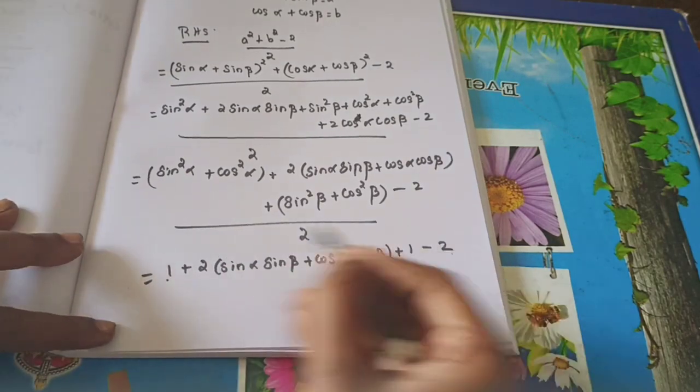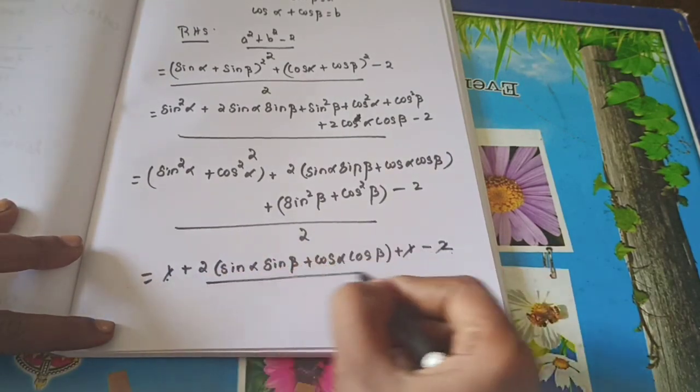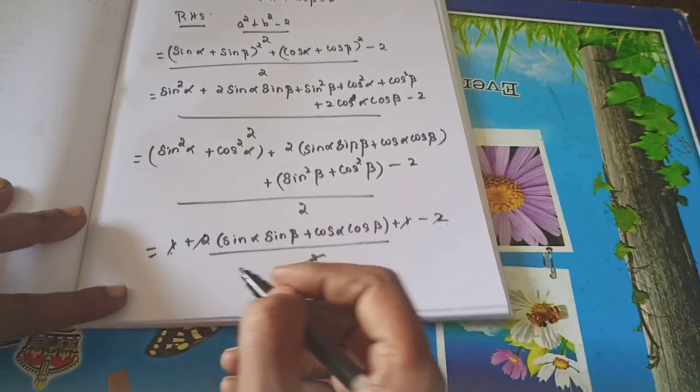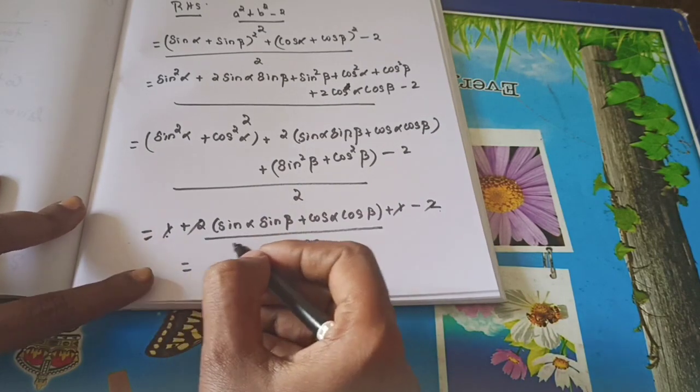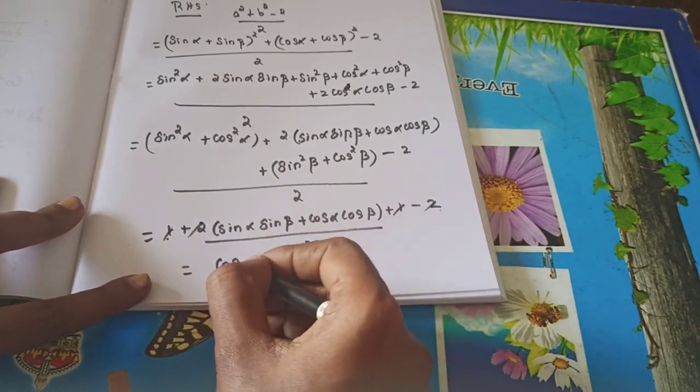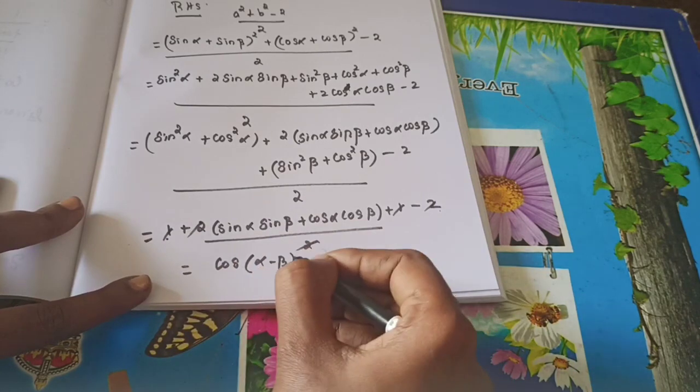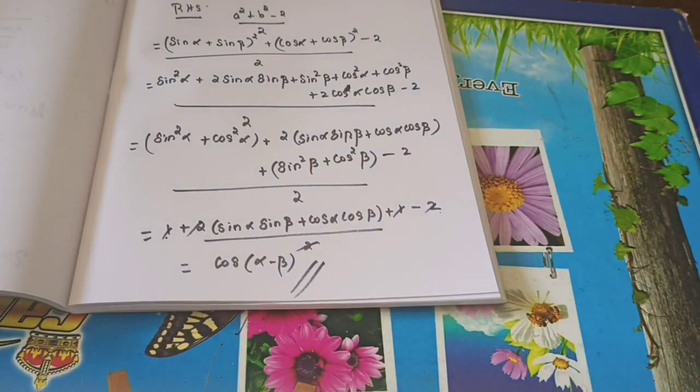So 2 minus 2 gets cancelled. So divide by 2, this 2 and 2 get cancelled. So what's the balance? This is the formula for cos of alpha minus beta.